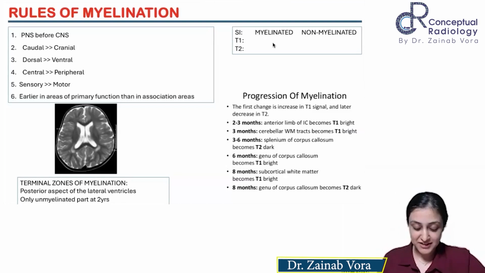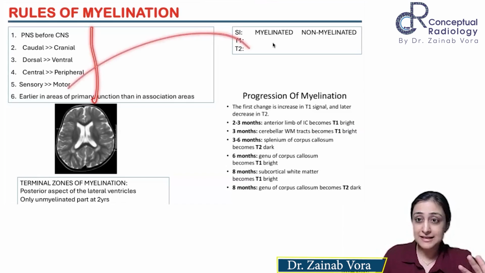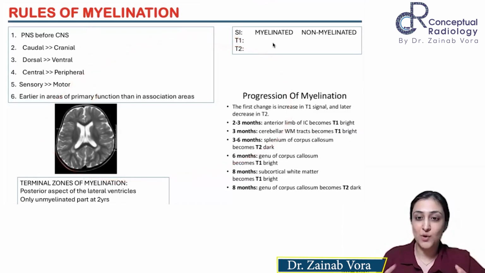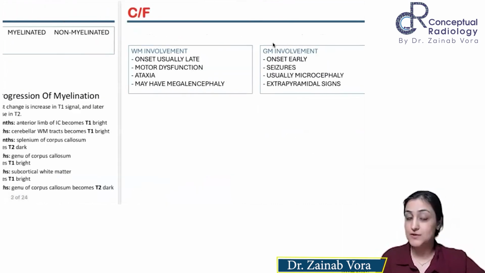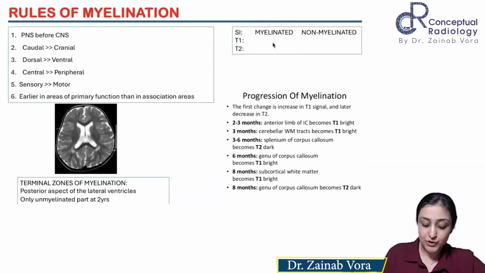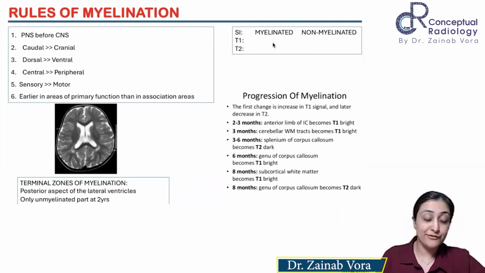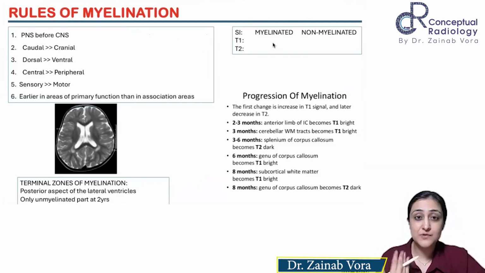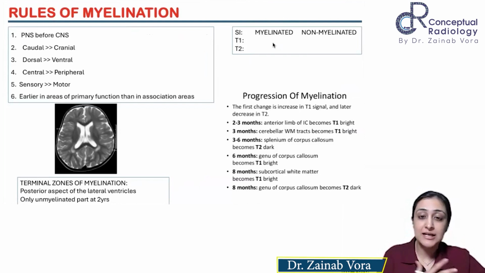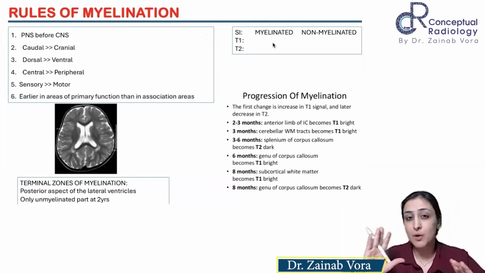Anyways, we'll chat later. So coming back to the rules of myelination. This slide focuses on how the normal pattern is, and then I'll take you into the diseases. When we talk about normal myelination, it starts somewhere close to 5 months of gestation, and then it continues till about 18 months.